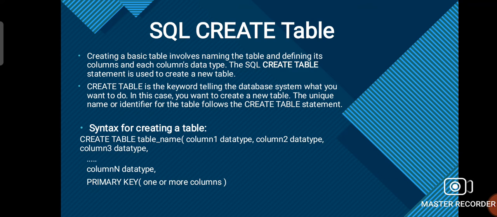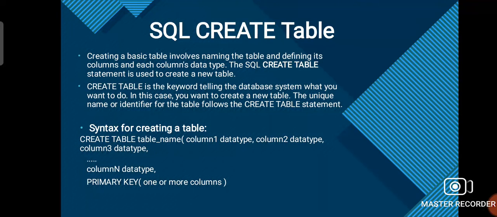Along with this syntax for creating the table, we can mention the primary key. The primary key is one of the columns or attributes of the entity which should recognize the entity in a unique manner.